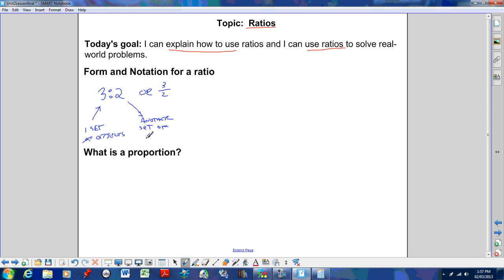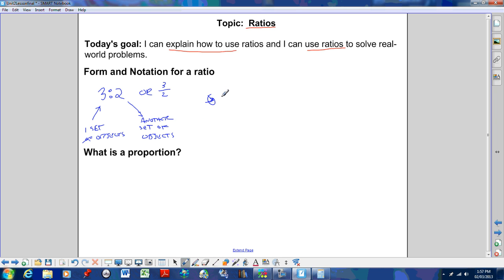The nice thing with ratios is that units don't matter. All right. So the units don't matter, and I'm going to put that up here as a star.